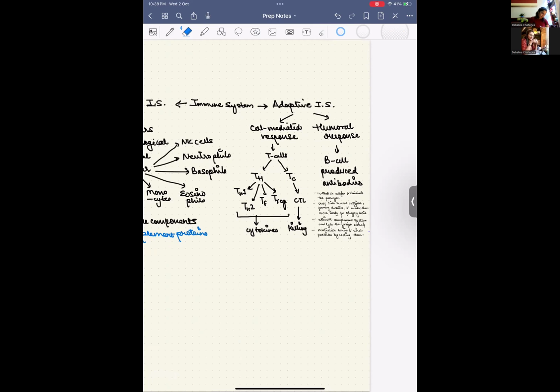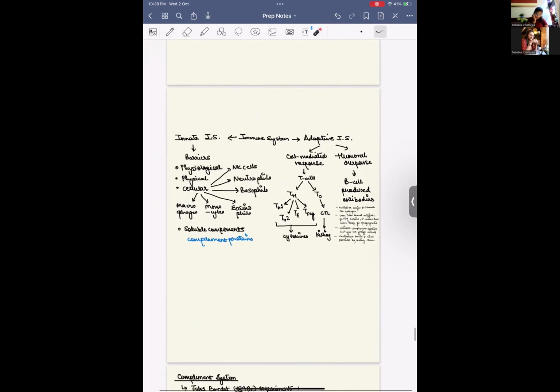So which regions can the cytokines communicate to? The cytokines can instruct the cells of the innate immune system. The cytokines can instruct the T cells. The cytokines can also instruct the B cells, right?